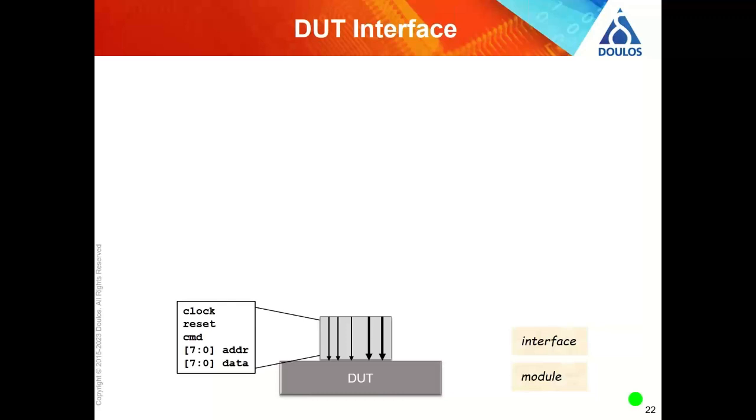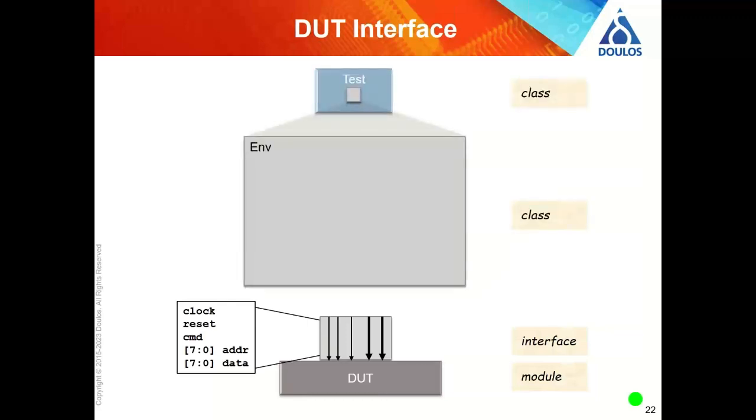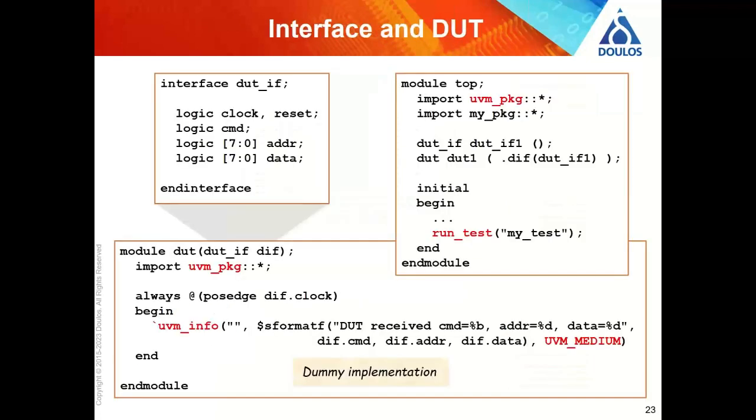We don't want to store a hierarchical reference because that would break the rules about what we can put into a package. So an interface is useful because we can then use a virtual interface, which we can access inside a class. And remember, a virtual interface behaves like a pointer to an interface, so it's just a number. In our UVM environment, we're going to connect from our UVM environment to this interface. We'll see how to do that in a minute.